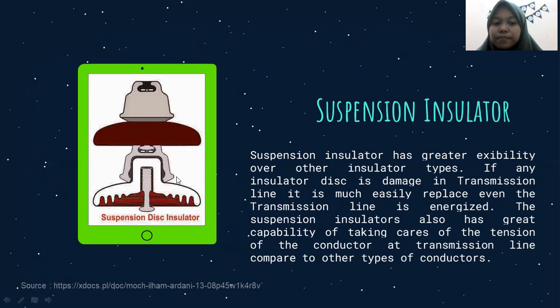I think it is easy and safe. The suspension insulator also has a great capability of handling the tension of the conductor and the transmission line compared to other types of insulator.